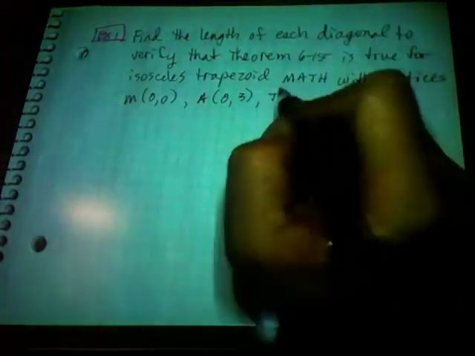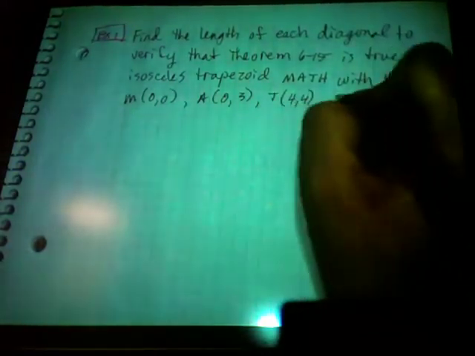How unique of a name. With vertices M (0, 0), A (0, 3), T (4, 4), and H (4, -1).